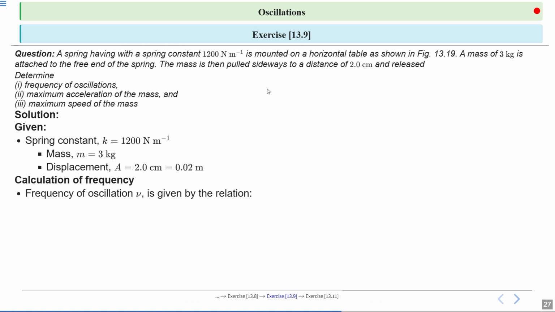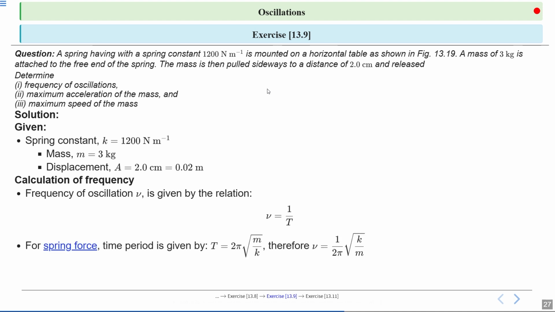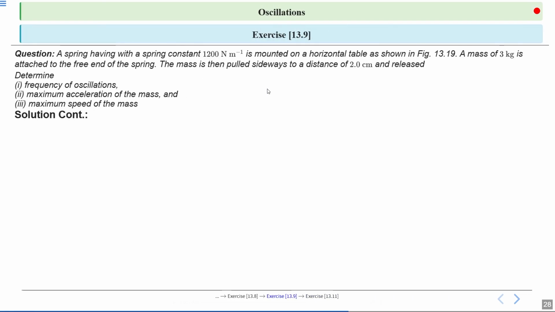Calculation of frequency. So frequency of oscillation nu is given by the relation nu equal to 1 by T. For spring force, time period is given by T equal to 2 pi into under root m by k. Therefore, nu equal to 1 divided by 2 pi into under root k by m. So we have nu equal to 1 upon 2 pi into under root k by m.